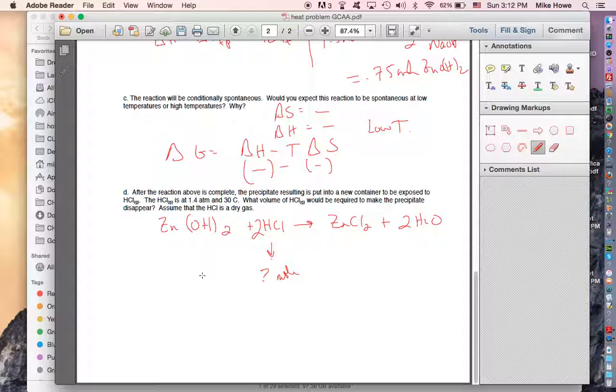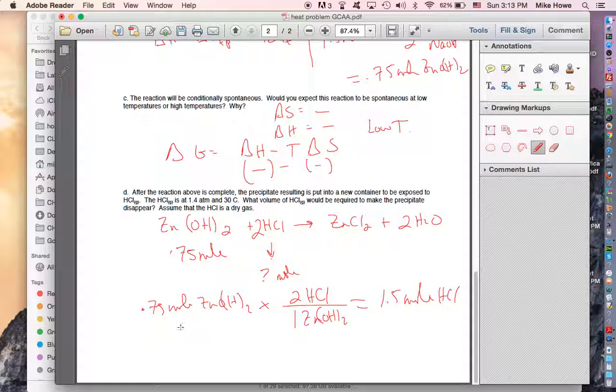So down here you're going to have 0.75 moles of that. So the moles of HCl will be twice as many. So you'd have 0.75 moles of zinc hydroxide, and you know there's 2 HCl's for every 1 zinc hydroxide. So that equals 1.5 moles of HCl.